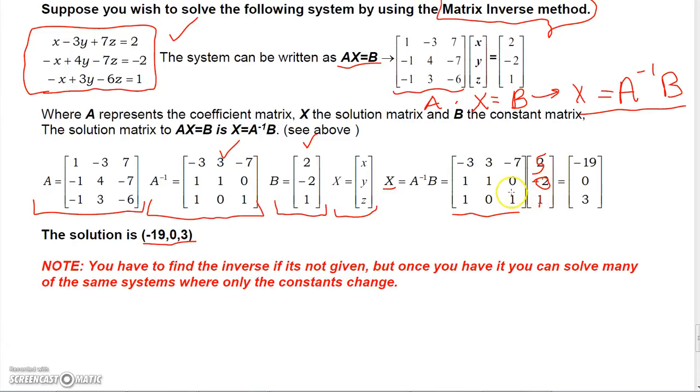So in other words, I would use the same inverse, so I wouldn't have to keep finding a new inverse each time, as long as these coefficients were always the same. So that's a case where this method would be very helpful. And that pretty much completes the section on inverses and matrix properties.